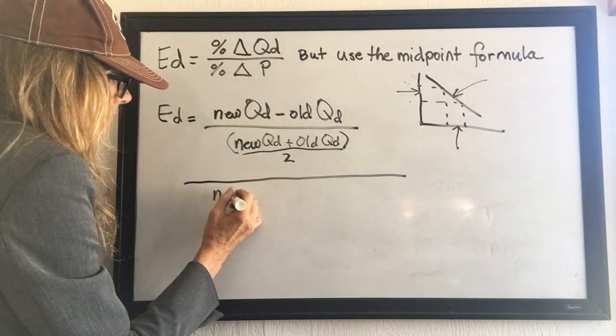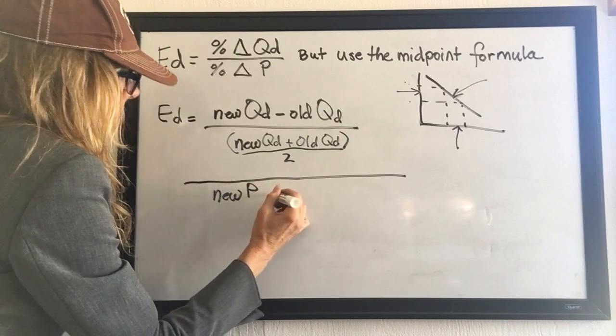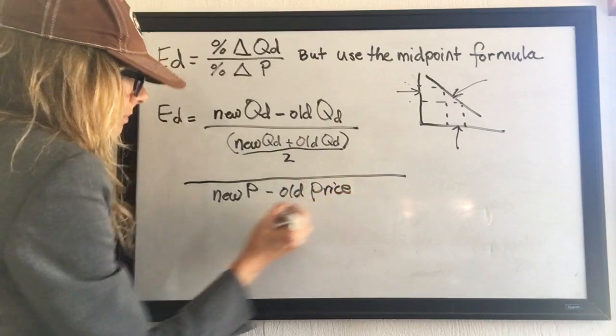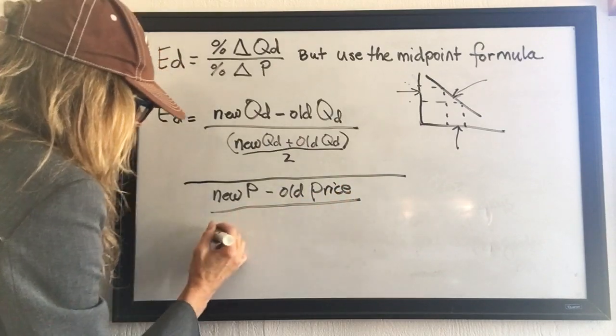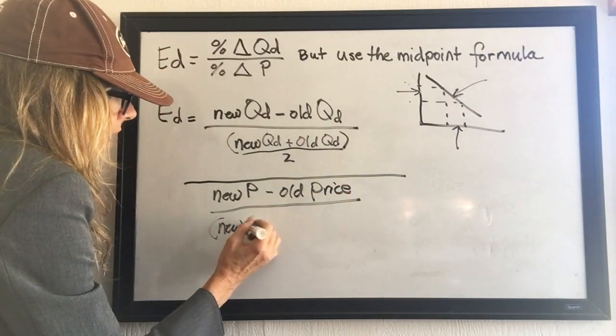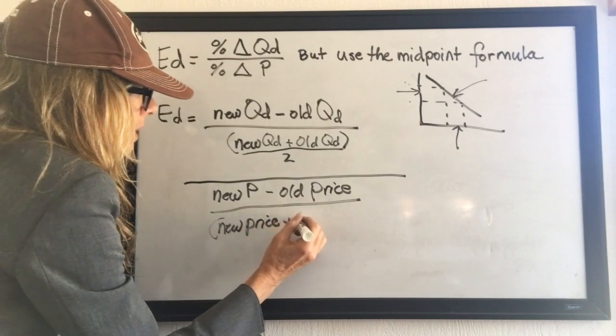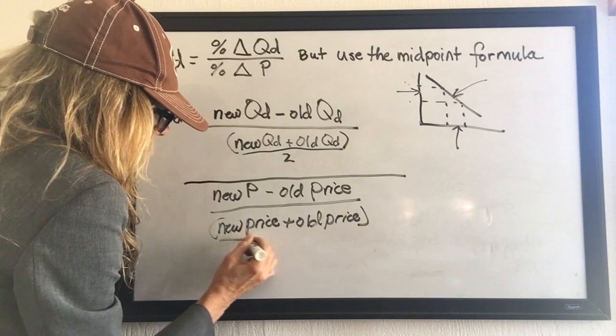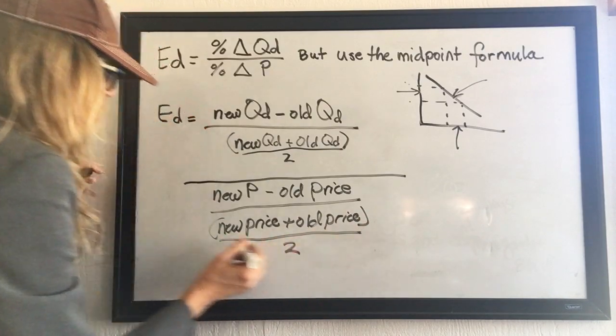So here we'll have the new price minus the old price divided by the new price plus the old price, all divided by 2.